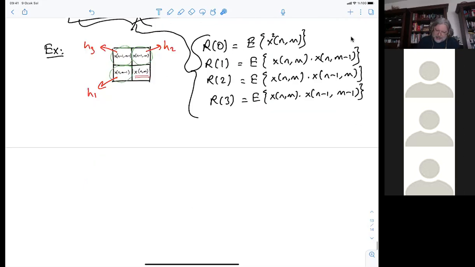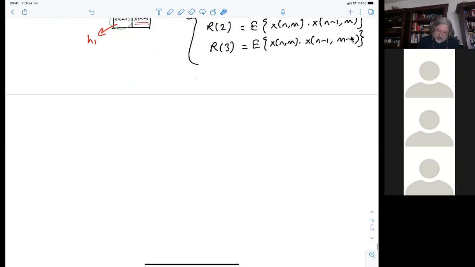Okay, and now I can proceed with another example in 2 dimensions, but it's a nonlinear image predictor.